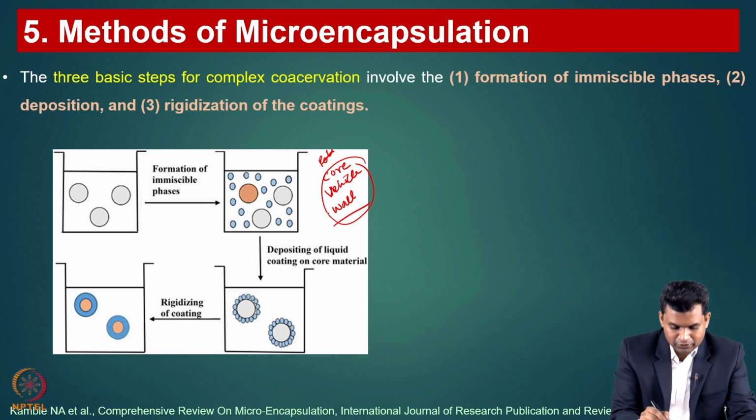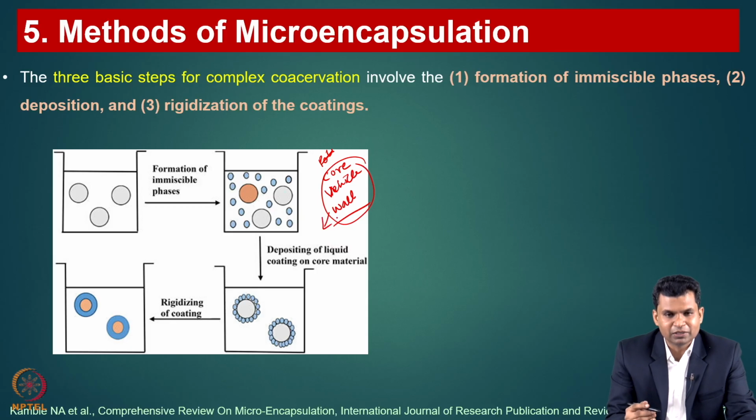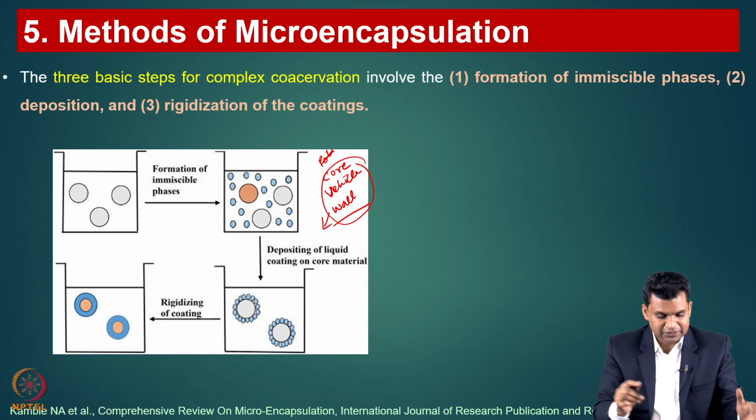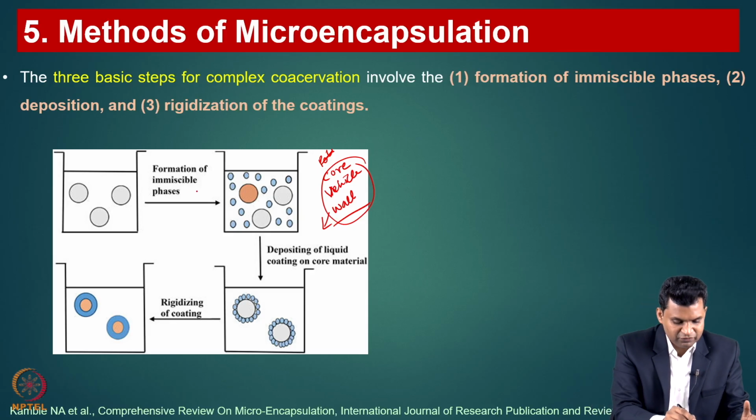For example, if you are increasing the concentration of wall material, or by increasing the electrolytes or solvent systems, then initially you will see the separation, that is, the formation of immiscible phases.